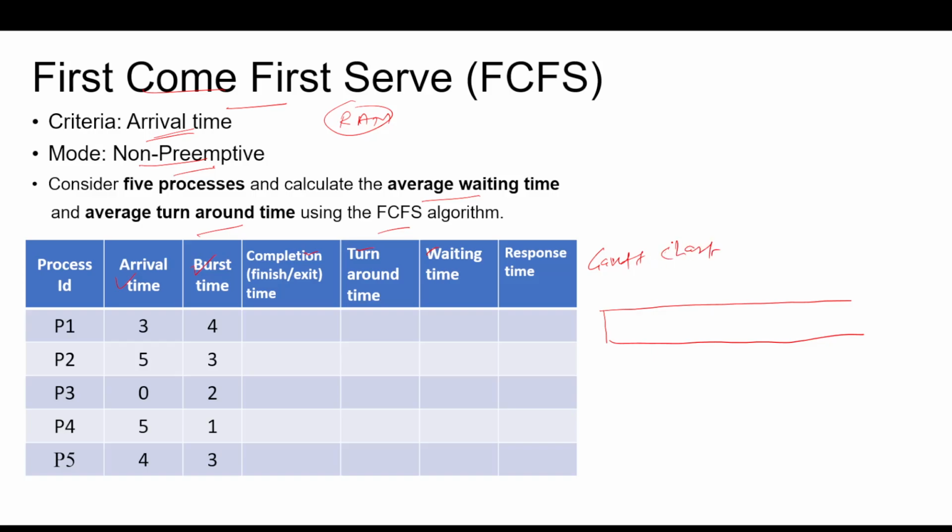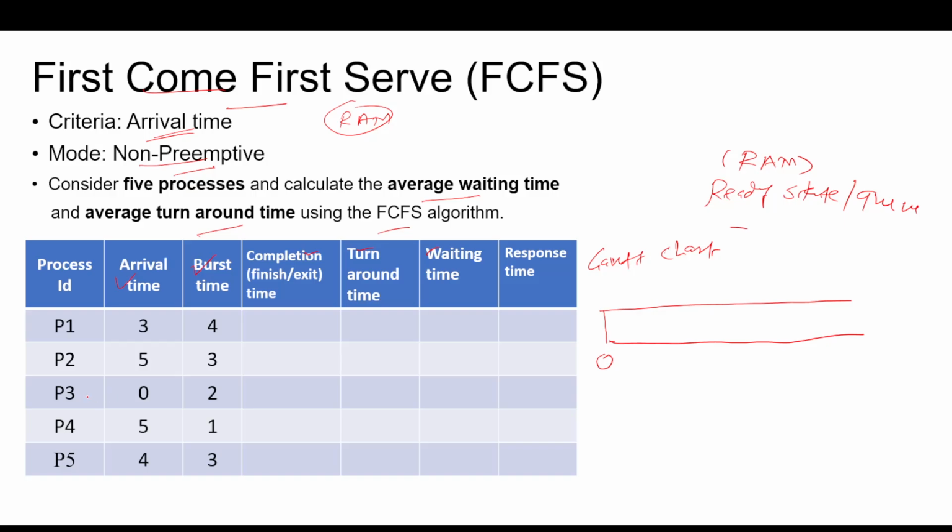First of all, we have to check how many processes have arrived in the ready state, or you can say the ready queue, that is nothing but the RAM. We need to check firstly, starting exactly from zero. Based on the arrival timings, how many processes have arrived in the ready queue?